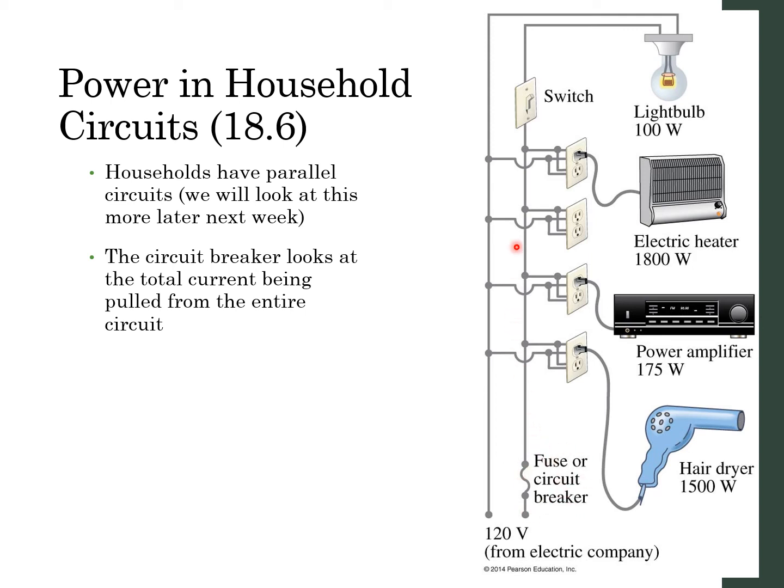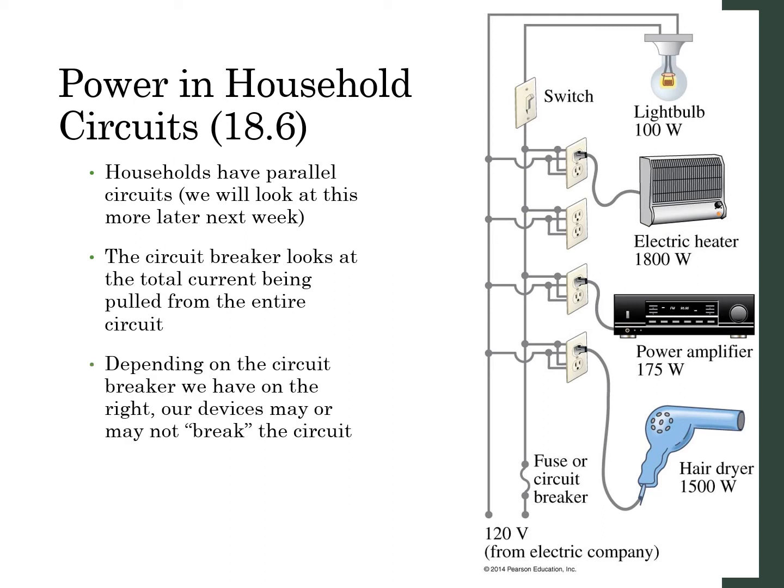And so the circuit breaker is part of the circuit, which is how it's able to tell if you're drawing too much power from all of your different power sources, enough to heat up the wires to a dangerous level.